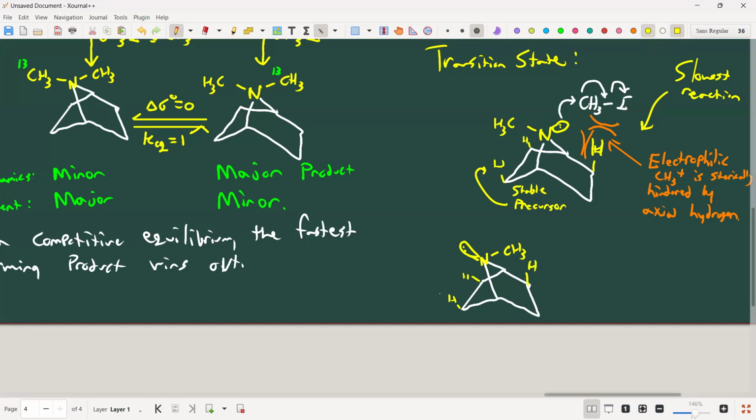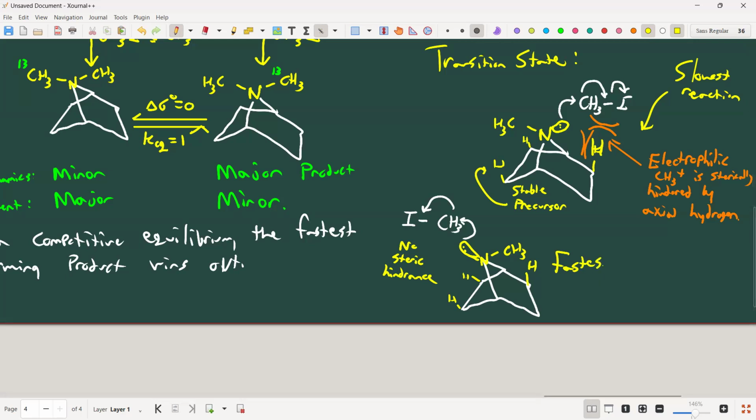These hydrogens are kind of canted, kind of pointing away, and this methyl group is free to come in. This electrophile is free to come in from this direction, and it's not sterically impeded. No steric hindrance. And so this is the fastest reaction, with the unstable precursor.